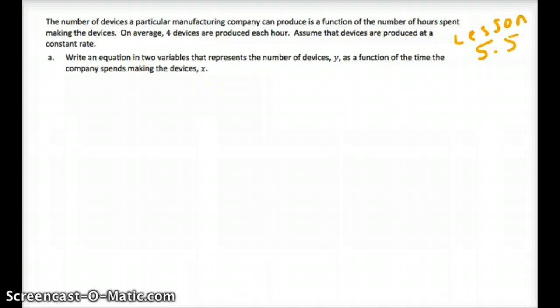Okay, this first problem is from lesson 5.5. The number of devices a particular manufacturing company can produce is a function of the number of hours spent making the devices. On average, 4 devices are produced each hour. Assume that devices are produced at a constant rate. So that's important. 4 devices each hour.